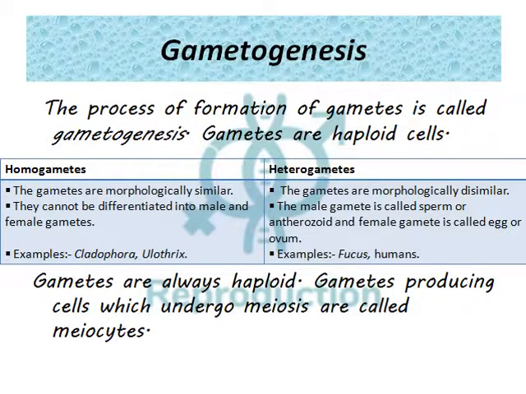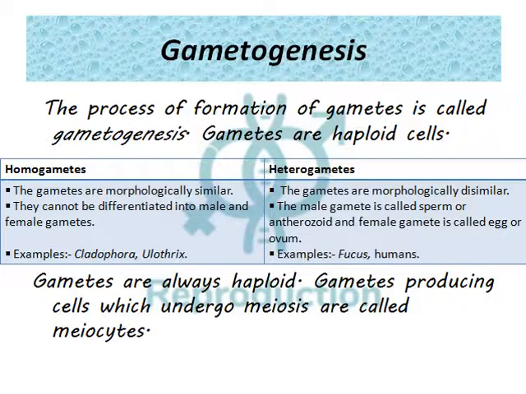As I said, the process of formation of gamete is called gametogenesis, and the gametes are always haploid. The cells which produce gametes are known as meiocytes, and they undergo meiosis, that is reduction division, to form gametes. We can divide gametes on the basis of morphology into two categories: homogametes and heterogametes.